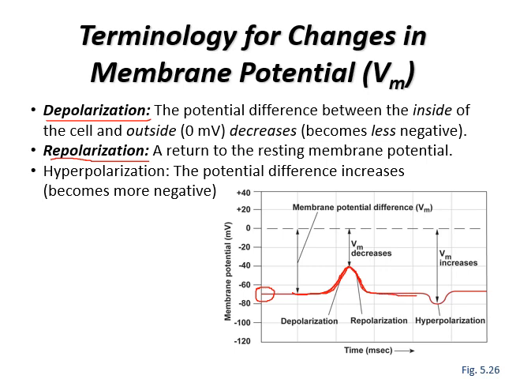And there are times where the membrane potential can be hyperpolarized, and that would be in a more negative direction than the resting membrane potential. So hyperpolarization is below resting membrane potential. Depolarization is in a more positive direction from resting, and repolarization is returning back to resting membrane potential after depolarization.